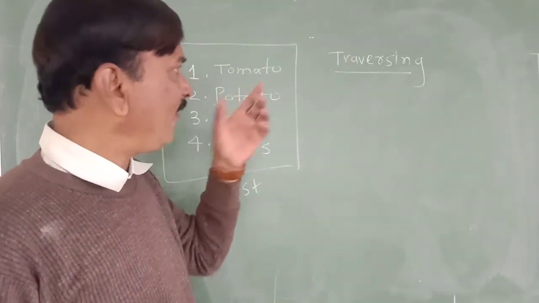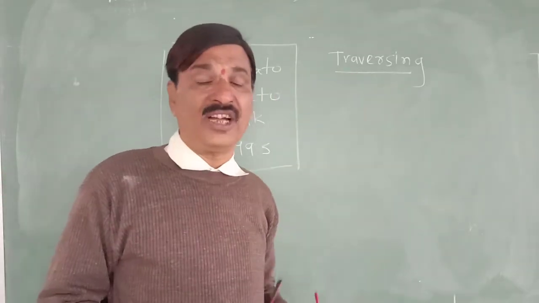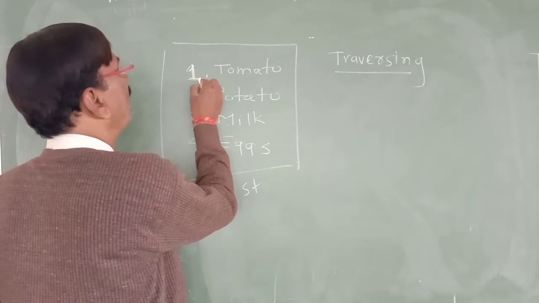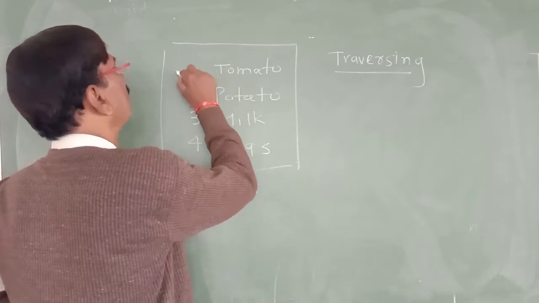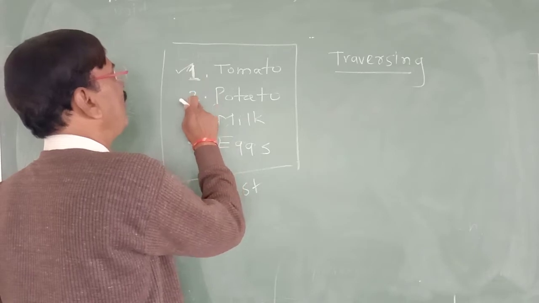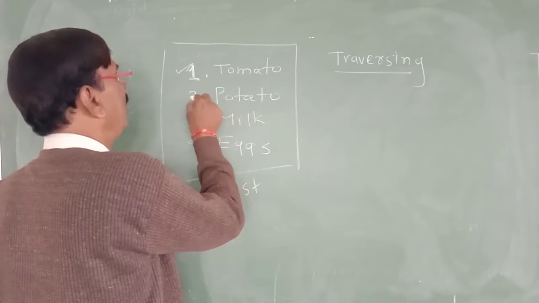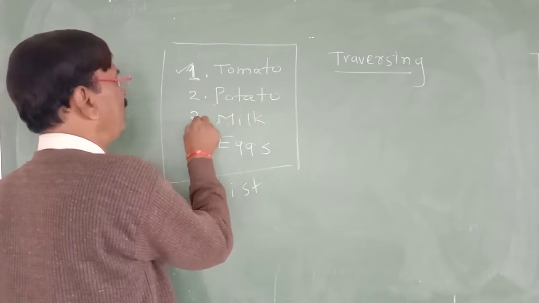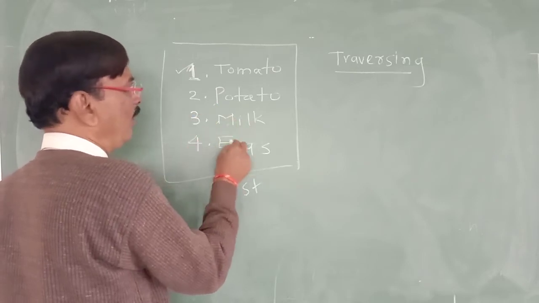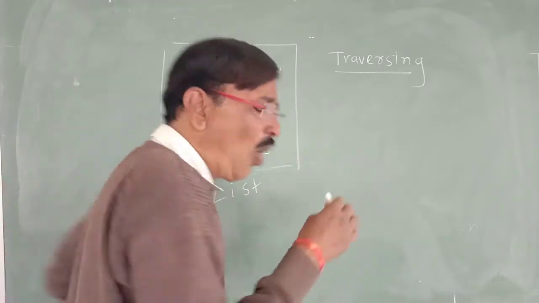According to the definition, visiting each element exactly once, we have to visit 1, there is a tomato. Then increment in index, it will become 2, visit element. Increment in the index, it will become 3, visit the element. Increment in the index, it will become 4, visit the element.